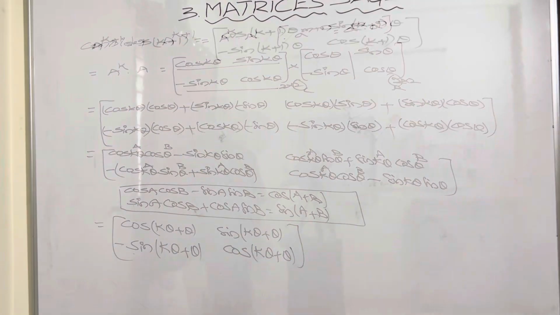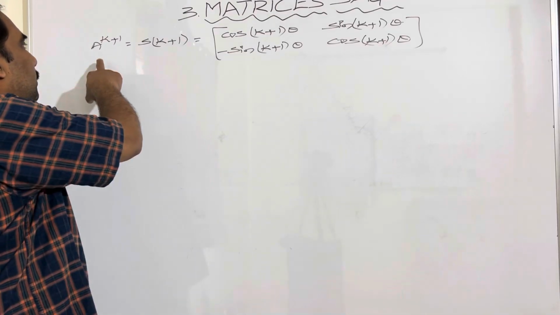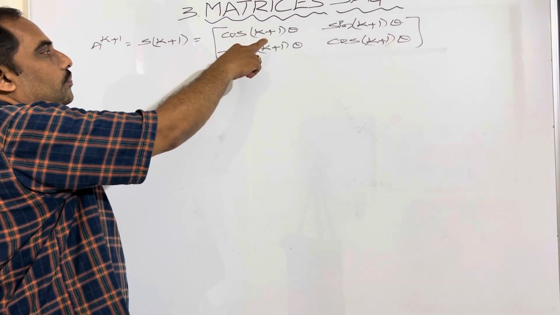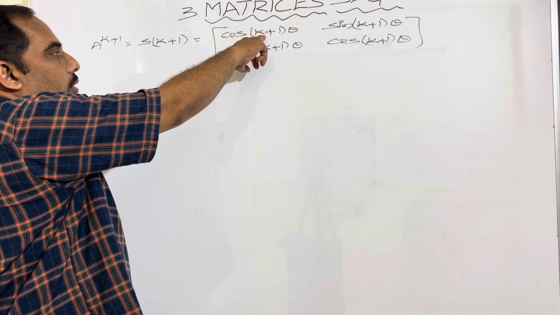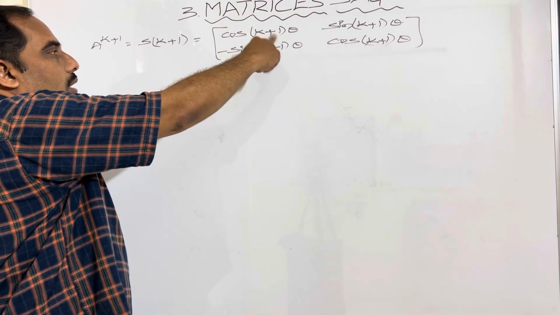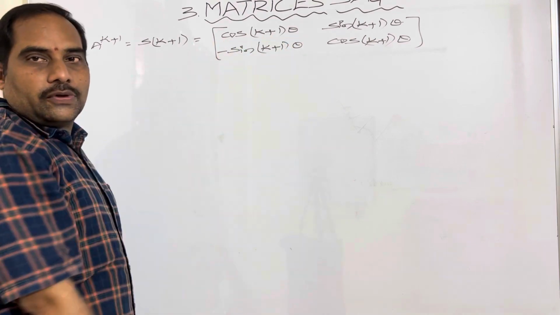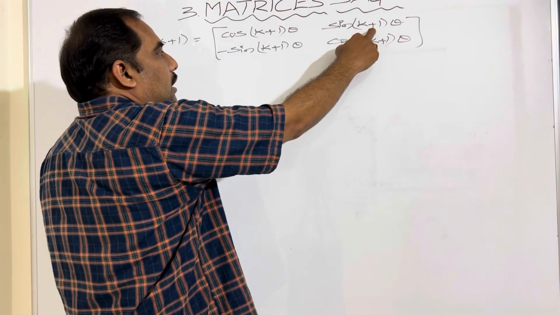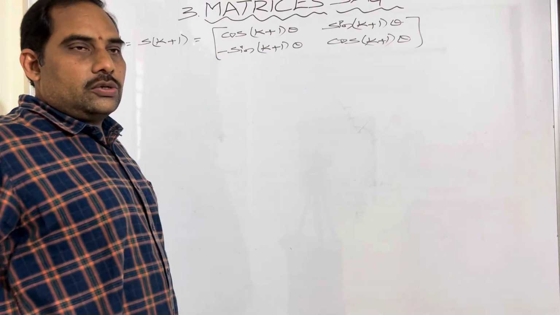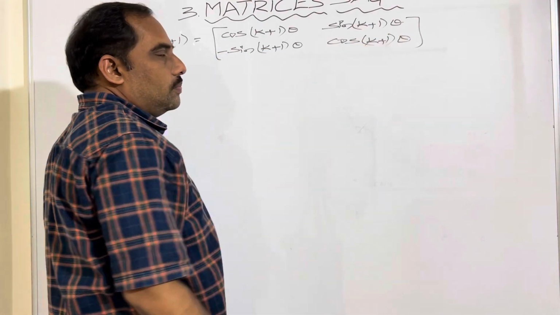Further, this is now A power k plus 1. After taking theta common in all the elements, we get cos of k plus 1 into theta, sin of k plus 1 into theta, and minus sin of k plus 1 into theta, cos of k plus 1 into theta.